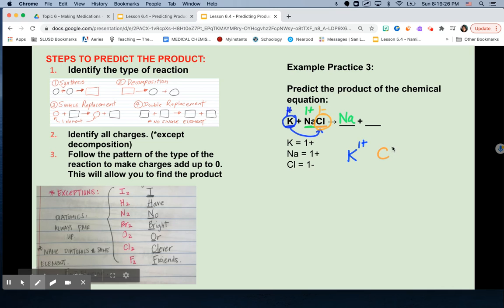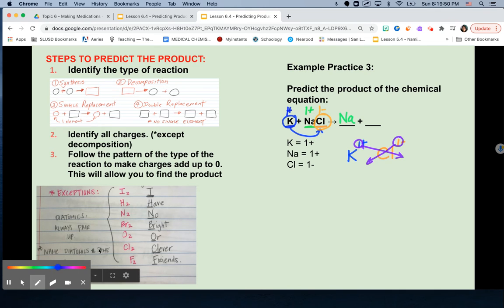So K is going to get with Cl. Charges add up to 0. Positive 1 already matches with negative 1. So I just need one of each. Or if I do the crisscross method again, I'm going to get the same answer, where it's going to tell me I'm just going to need one of each.